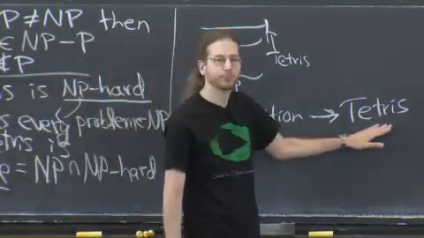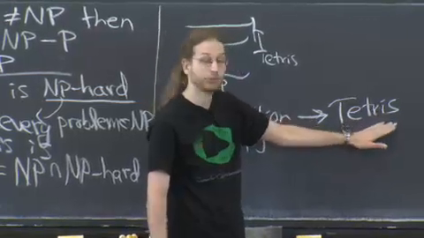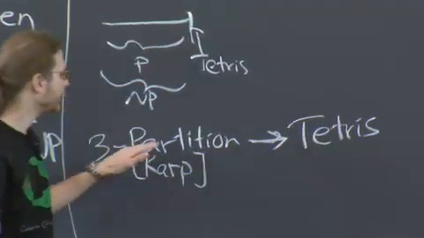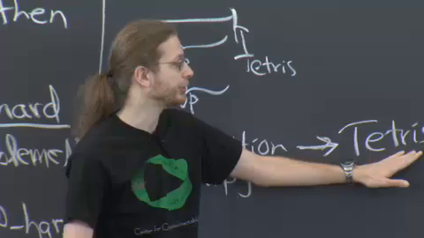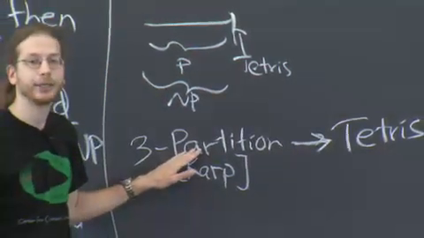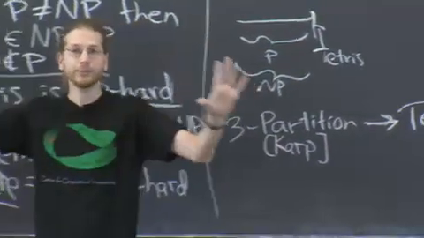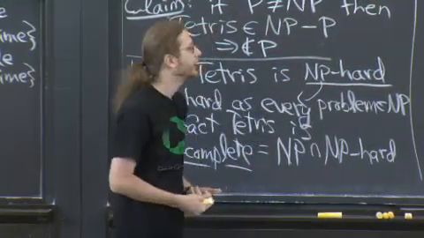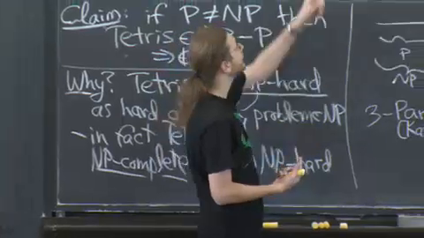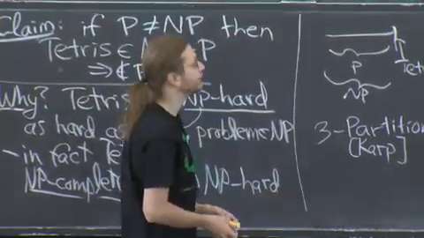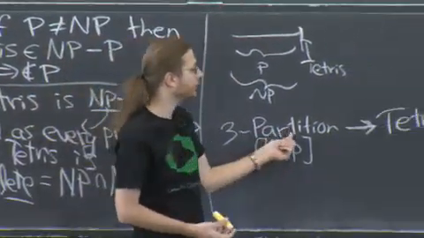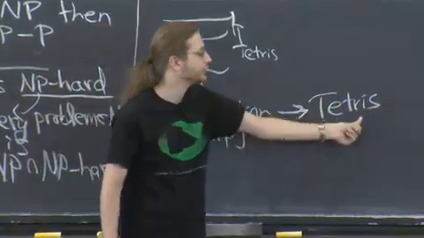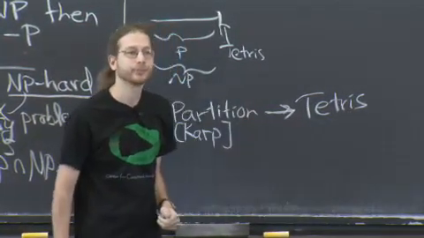And so Tetris better not be in P either, because if Tetris were in P, then we could just take our 3-partition, reduce it to Tetris, and then 3-partition would be in P. In fact, all of the NP-complete problems you can reduce to each other. And so to show that something is NP-complete, all you need to do is find some known NP-complete problem and reduce it to your problem.